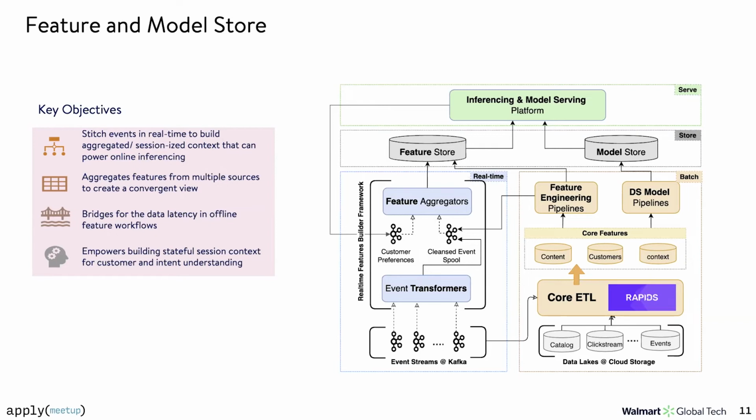Because the real-time calls are very latency sensitive, you have to keep the latencies at a minimum. That's your main goal. Otherwise there is a chance we might lose the customer if the recommendations take very long to load. The customer might move away from that recommendation module altogether. So it's very important to keep the latencies very low.